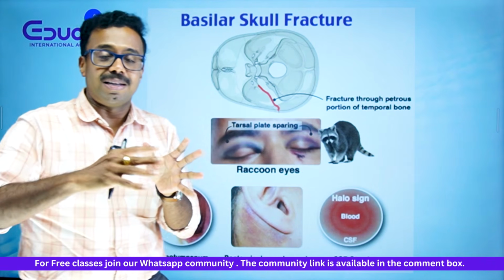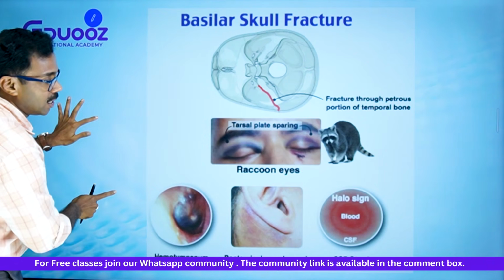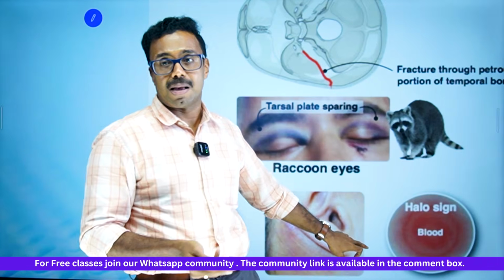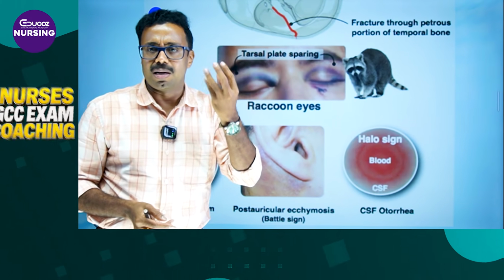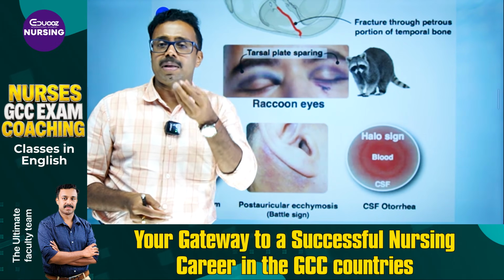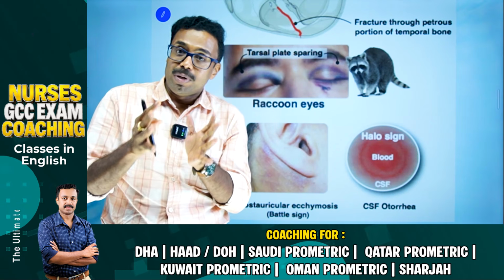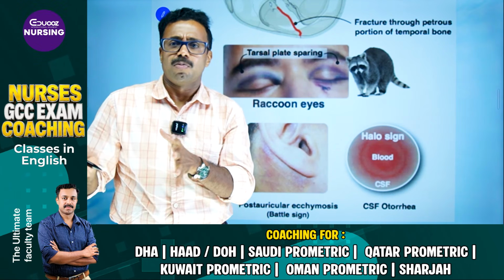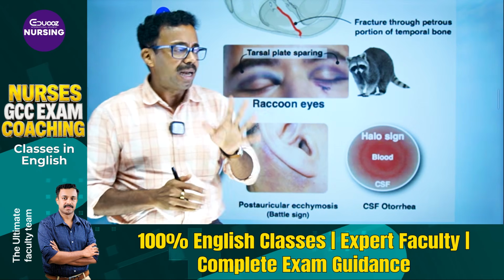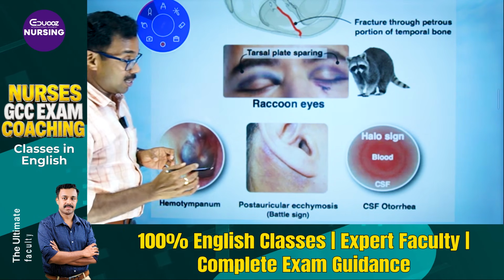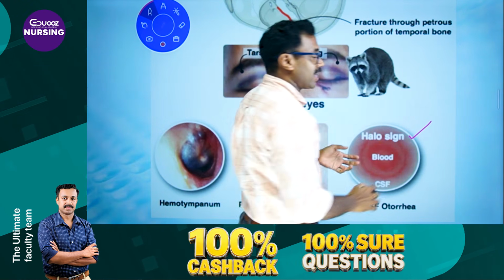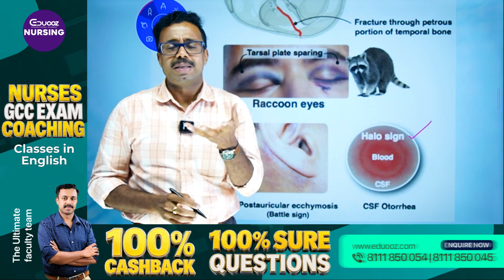Another very important question that is most frequently asked in exams is, if the patient has discharge from the nose or ears, how do you identify whether that fluid is blood or CSF or any other fluid? For that we can do a test called the halo test.